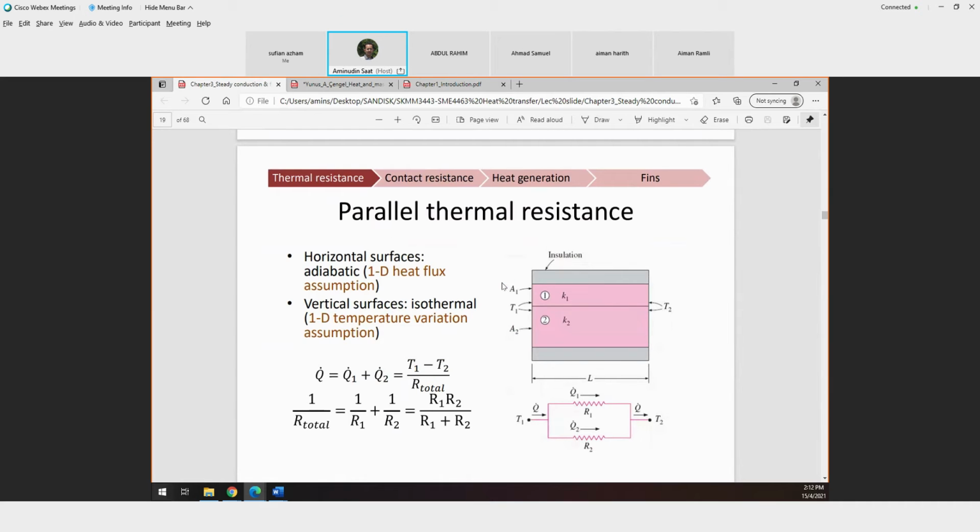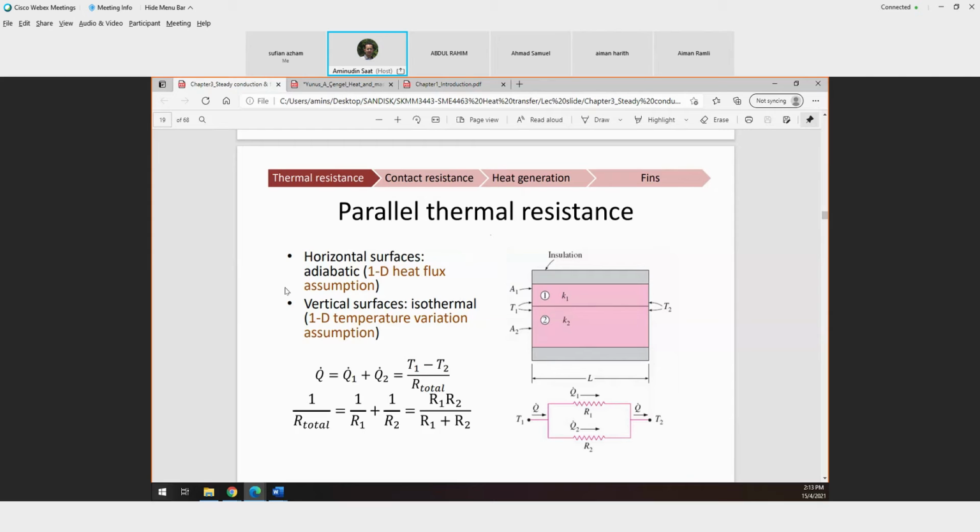If you look at yesterday's class example, the thermal resistance problem that we were dealing with is when the wall is in a series arrangement. So what happens if the layers are in a parallel arrangement, like this?